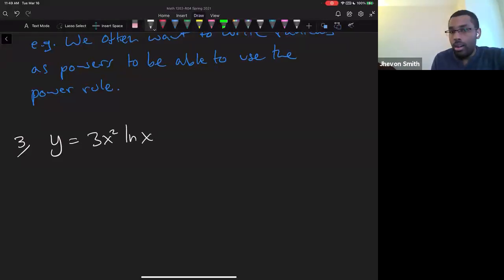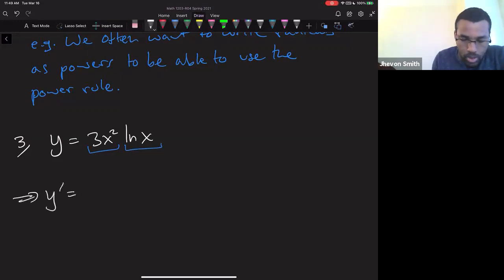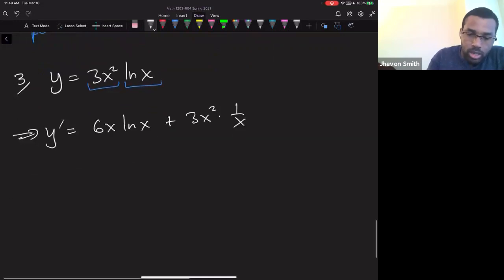And again, the product rule: that's one function, that's another one. So this is 6x times ln x plus 3x squared times 1 over x. This will cancel into that.